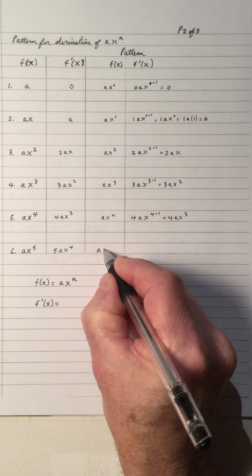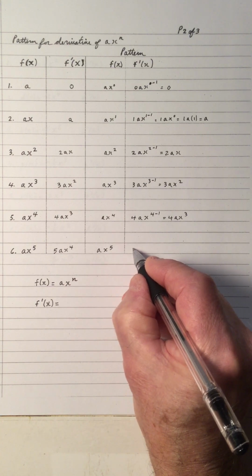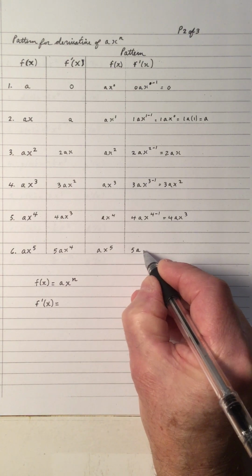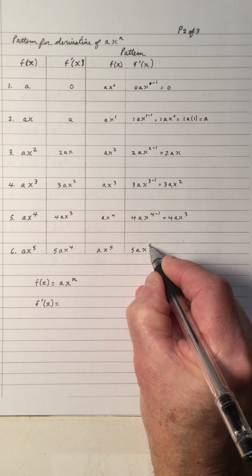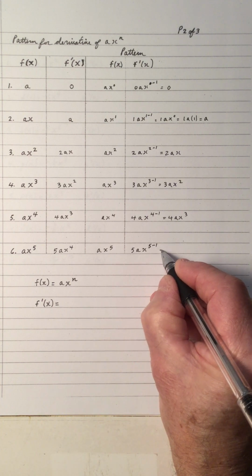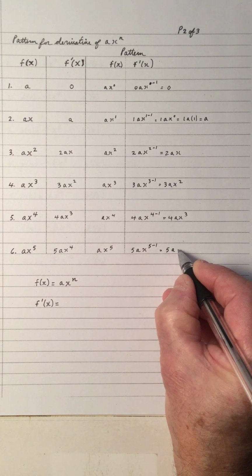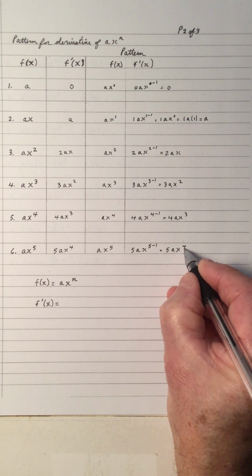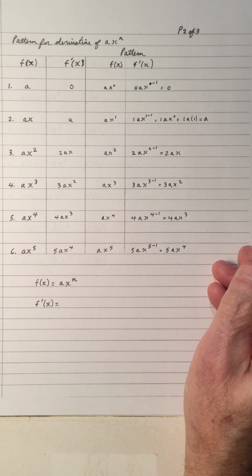And we have ax to the 5, so it's 5 times ax to the 5 minus 1, so it's 5ax to the 4th.